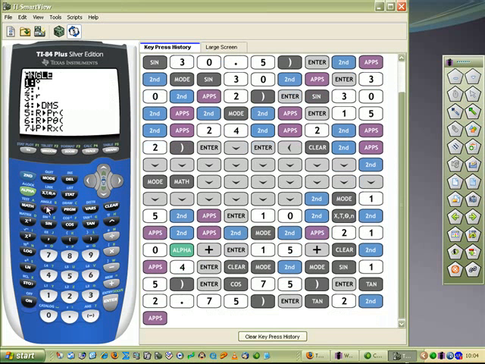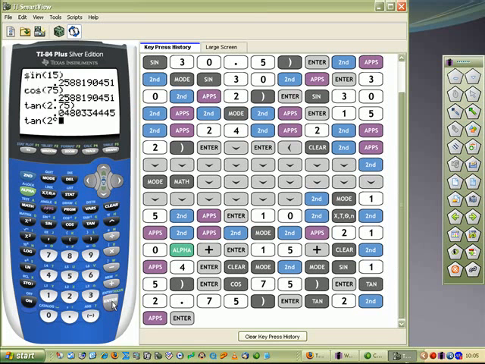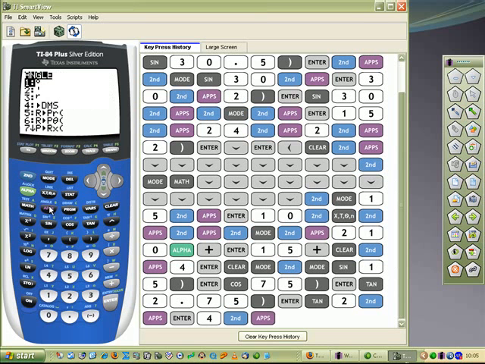And right up at the top is a little circle indicating degrees. So I'm going to hit enter, and there's 2 degrees. Now, how many minutes did I say? 4. Okay, so I type in 4, and then I go second, apps, and number 2 gives me minutes.